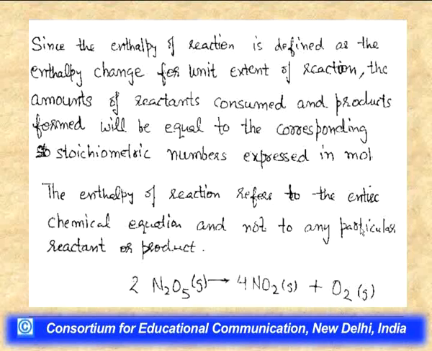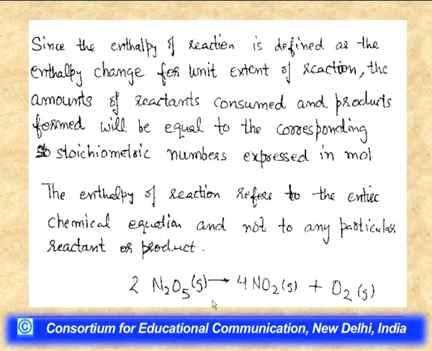Then in that situation we would call the xi for this balanced chemical equation 1, and the delta H of such a system would then be the delta RH, the reaction enthalpy of this particular reaction. The enthalpy of reaction therefore refers to the entire chemical equation and not to any particular reactant or product.